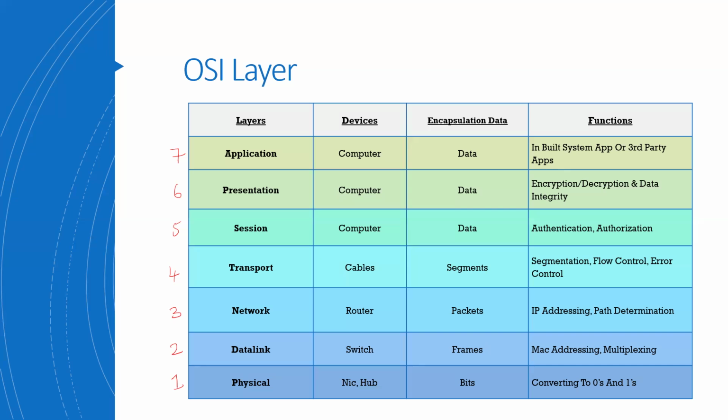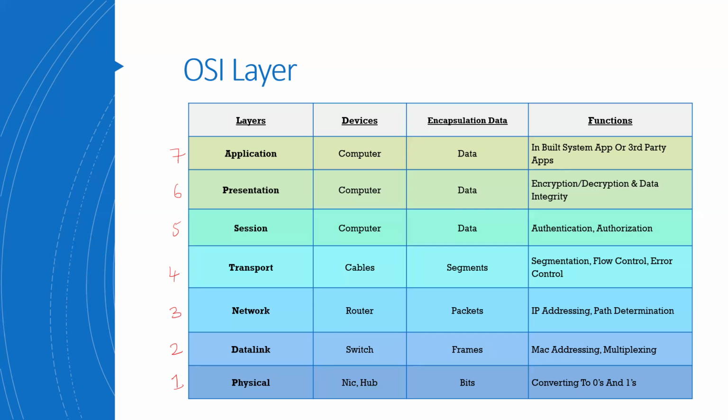Coming to the data link layer, which handles error detection and frames. The data link layer is responsible for node to node communication and error detection. It ensures that data is sent and received accurately between devices on the same network.